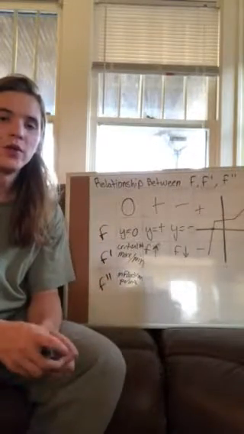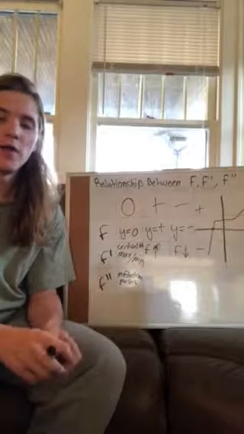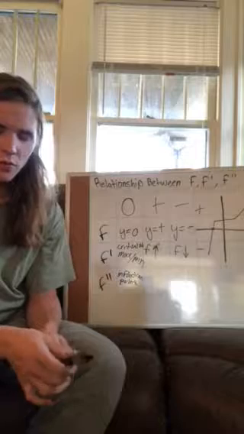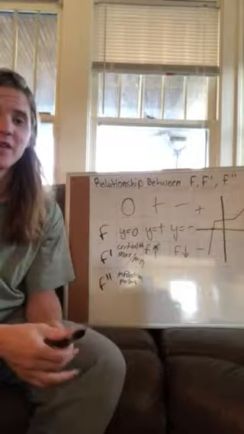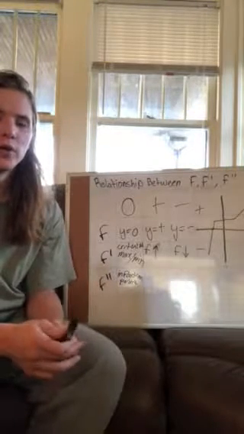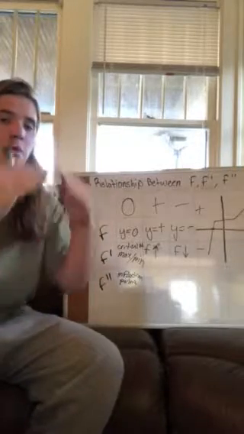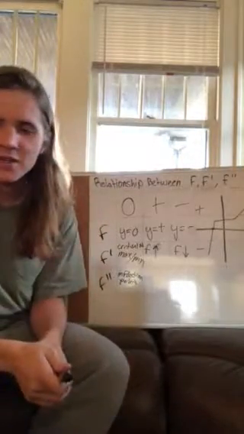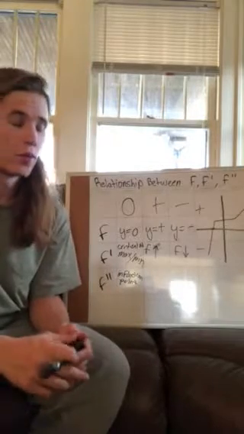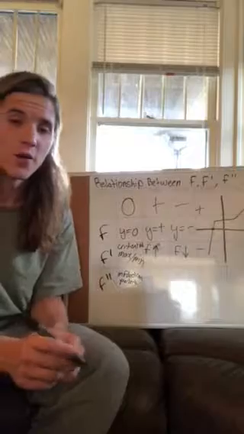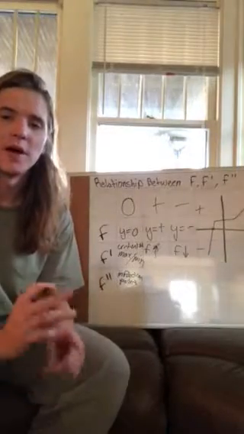When we get to if f double prime is positive or negative, we can look at the concavity of the graph, which means the concave would be up or down. So when f double prime is positive, it means that the graph is going to be concave up, like positive and up.